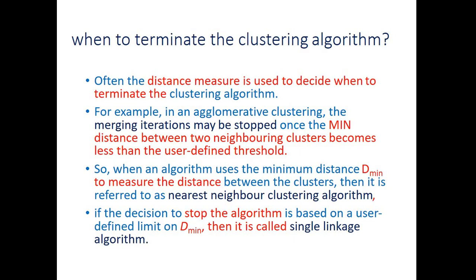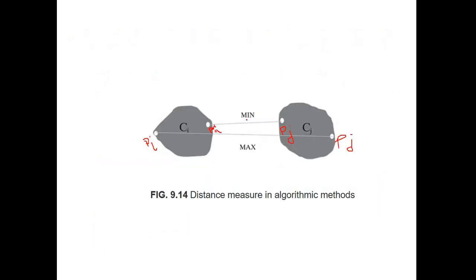When to terminate the clustering algorithm? Often the distance is used to decide when to terminate the clustering algorithm. In agglomerative clustering, the merging iterations may be stopped once the minimum distance between two neighboring clusters becomes less than the user-defined threshold. For example, this is the minimum distance identified between the two clusters based on the minimum distance points in both the clusters.